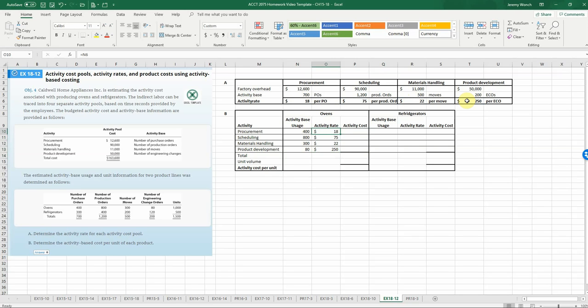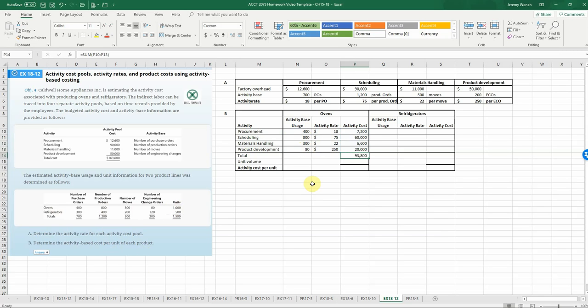So now to get the cost for ovens for each one of these activities, we multiply our usage times our rate. Add them up to get our total cost, and then the total volume for ovens.